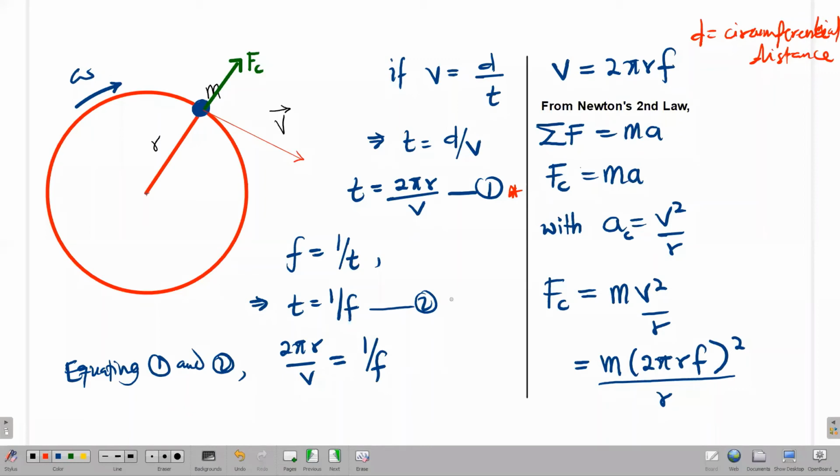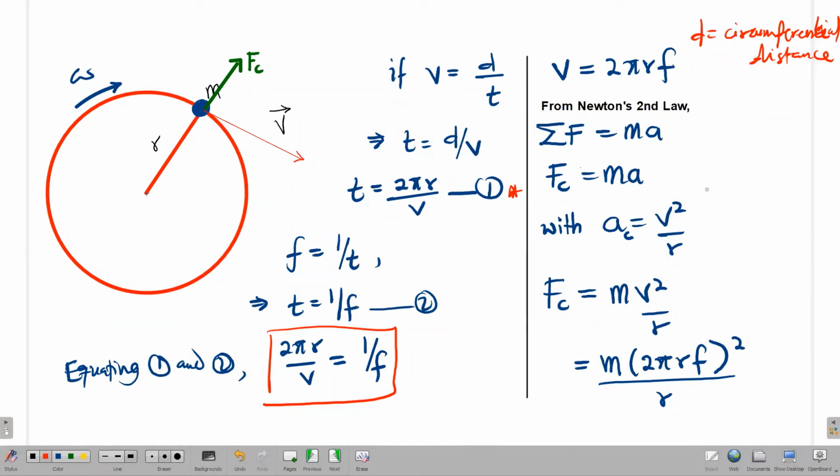Now, knowing that equations 1 and 2 are basically representing the time, we can equate 1 and 2 to get this. Making V the subject, then V is equal to 2 pi r f.